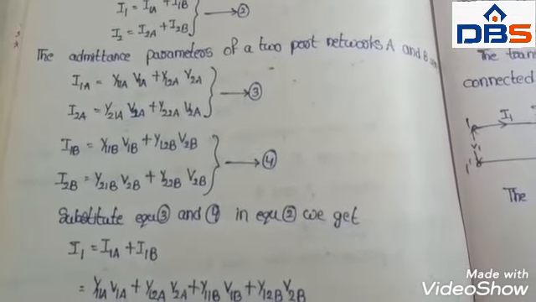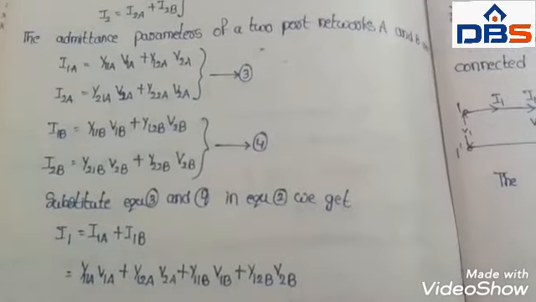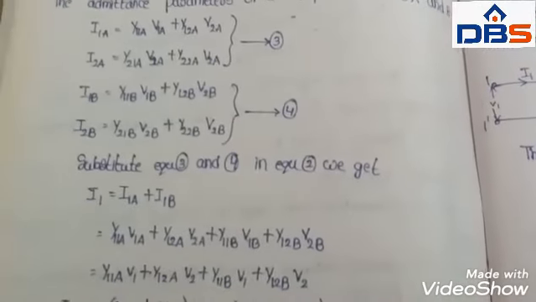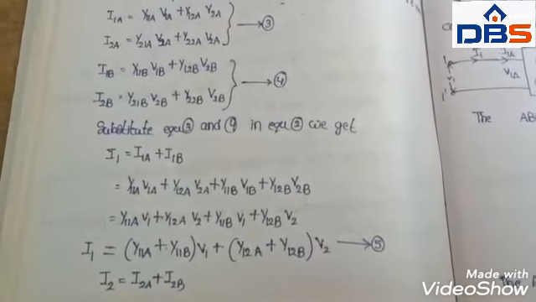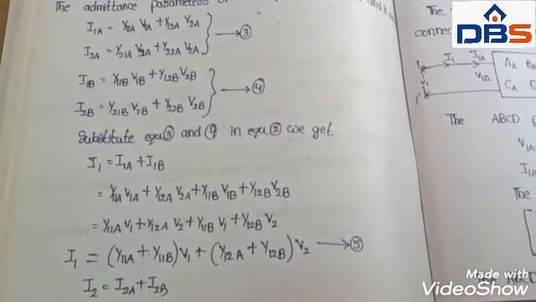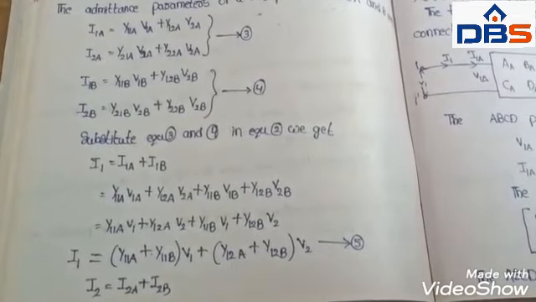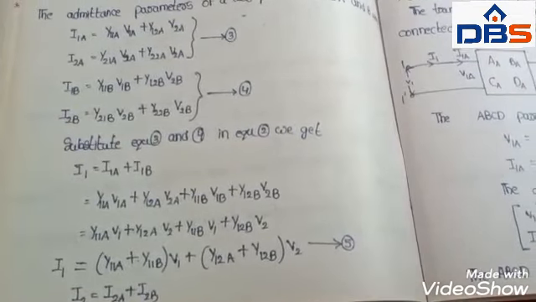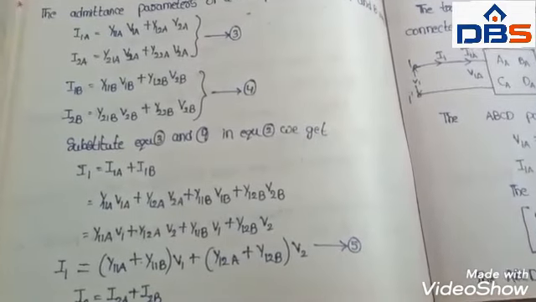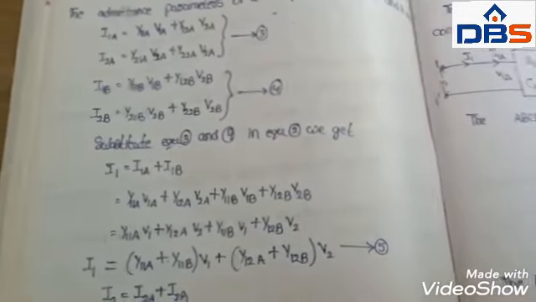In a similar manner, for network A the current representations are I1A equals Y11A V1A plus Y12A V2A, I2A equals Y21A V1A plus Y22A V2A. Similarly for network B, I1B equals Y11B V1B plus Y12B V2B, I2B equals Y21B V1B plus Y22B V2B.